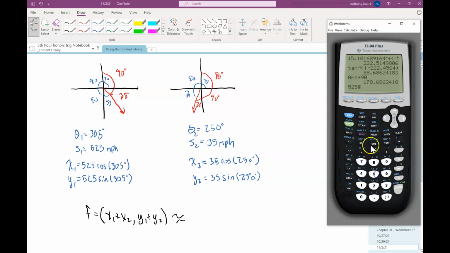So 525 cosine 305 plus 35 cosine 250 gives me 289.16.